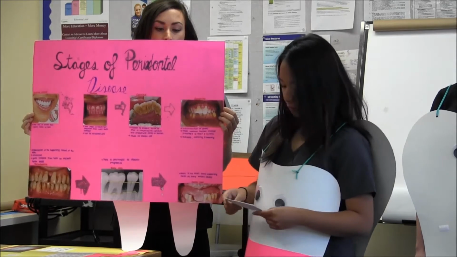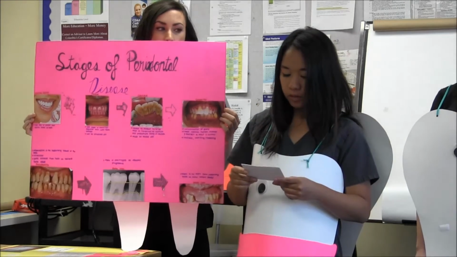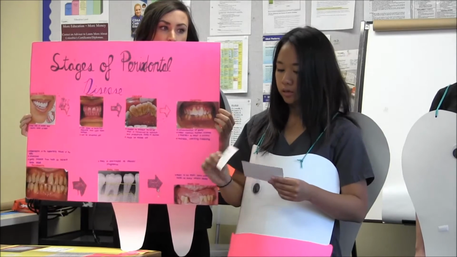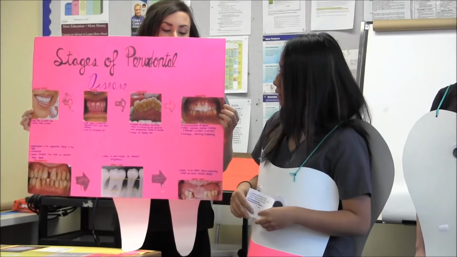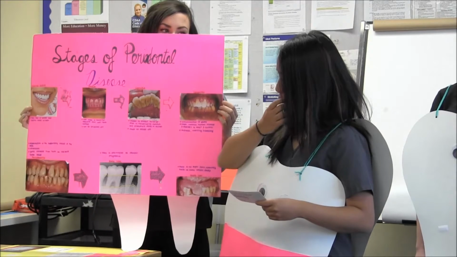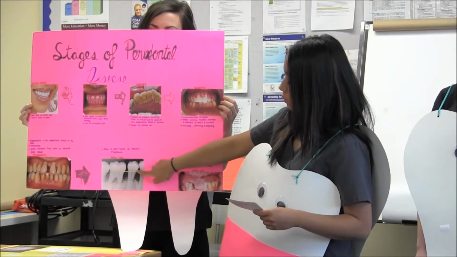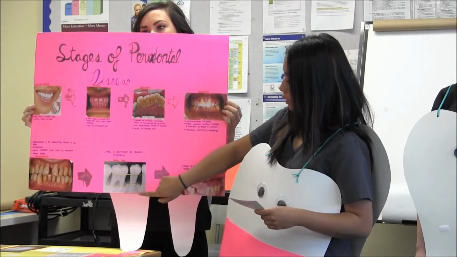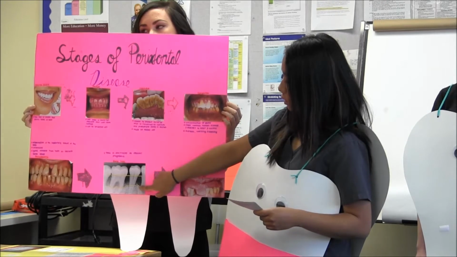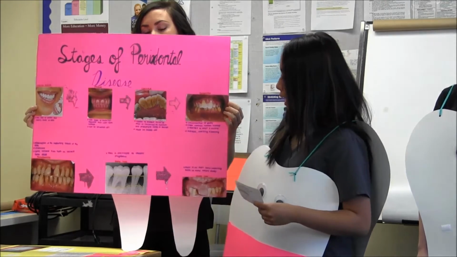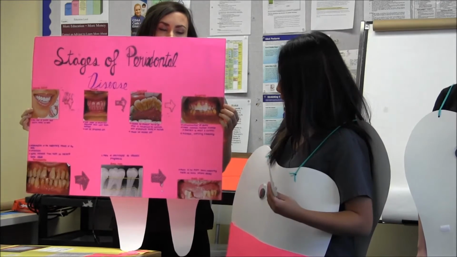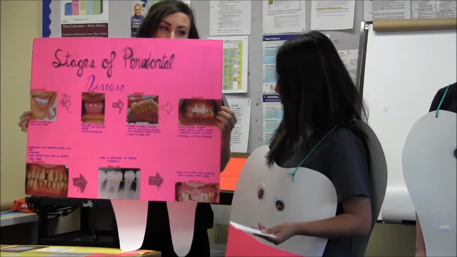At this point, it is irreversible. Gums separate from the tooth as bacteria forms inside. As that disease progresses, it becomes bone loss, and as you can see over here, the bones are supposed to be here, but the bones have receded all the way down here, exposing the root. And as the bone loss progresses, teeth start to fall out, and unfortunately, teeth do not grow back.